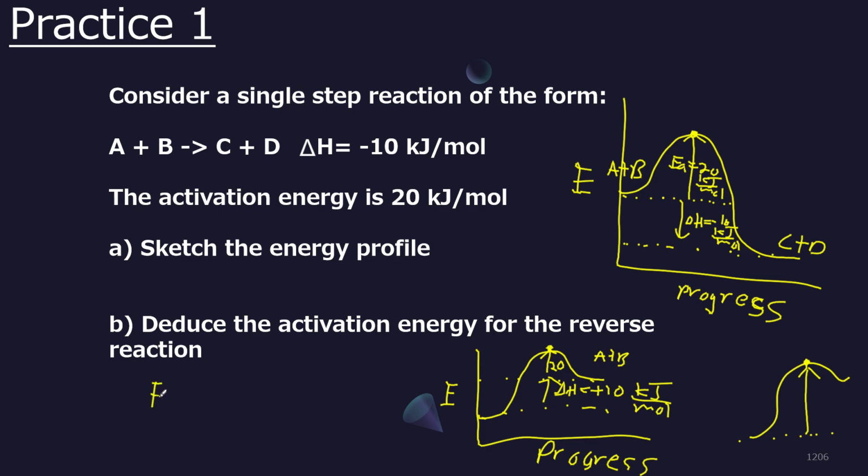Okay, so EA reverse is equal to 10 kilojoule per mole plus 20 kilojoule per mole.